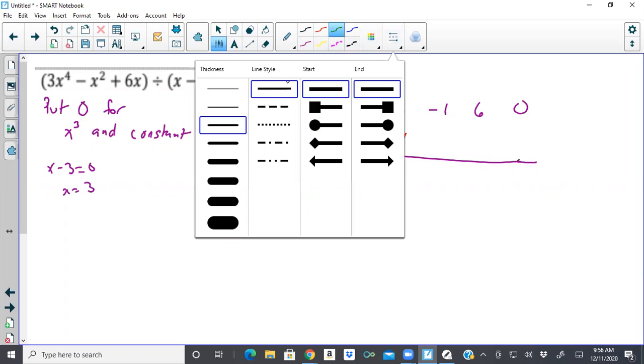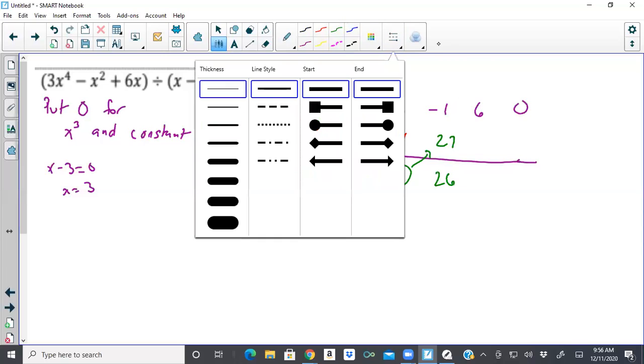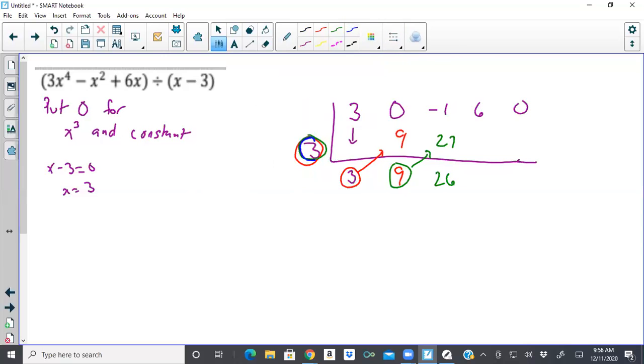Now we are going to repeat our process. 3 times 9 is 27. And then we add negative 1 plus 27 is 26. And then we repeat our process again. 3 times positive 26 is, oh geez, I don't know, 78?